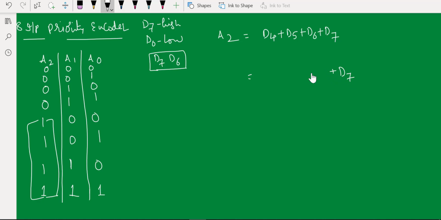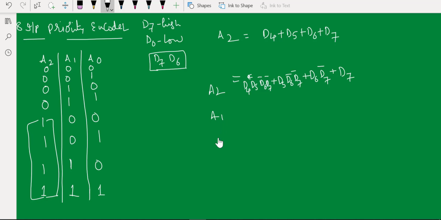But for D6 you have to write D6 into D7 bar. Then only you get the priority for D6, because only when D7 is 0 do you get D6 priority. Similarly, when you take D5, you write D5, D6 bar and D7 bar. Similarly, D4 into D5 bar, D6 bar and D7 bar. So this is your output.